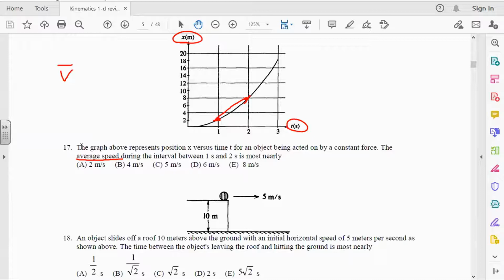It's asking for 1 and 2 seconds, so I find the slope of that line. My rise goes from 2 to 8, and then it runs 1. So that's a rise of 6 meters over 1 second. That means my average velocity is going to be 6 meters per second, which would be answer choice D.